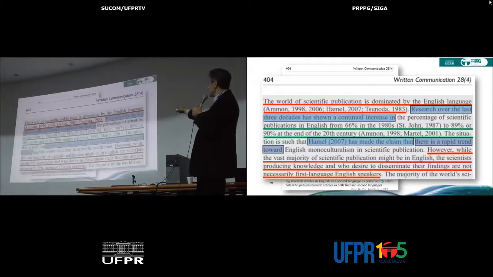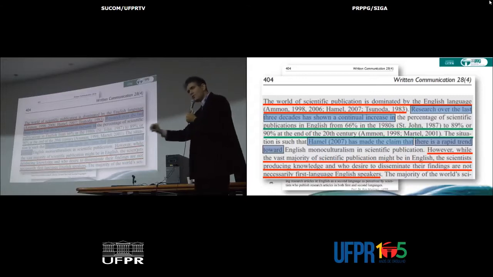Even this here, Hamel has made the claim that there is a rapid trend toward... So you can see there are many ways that you can do that in every article that you read, with an awareness of CARS, with awareness of problem-solution, these different sections, and what words and phrases people use to express themselves in these sections.